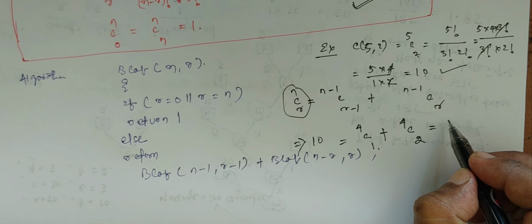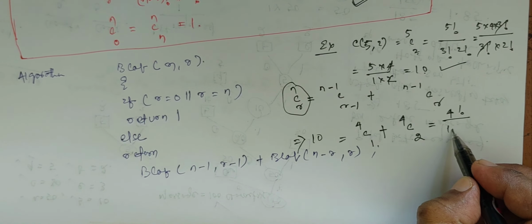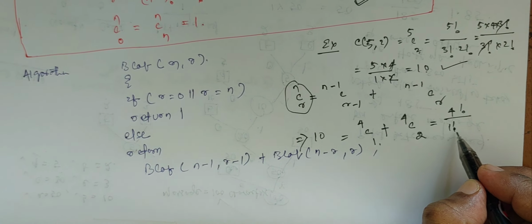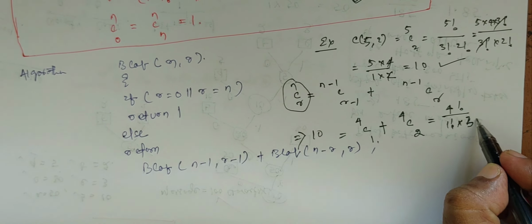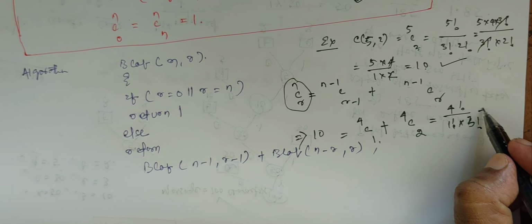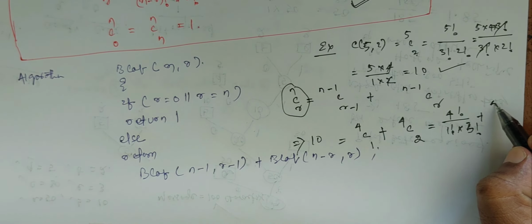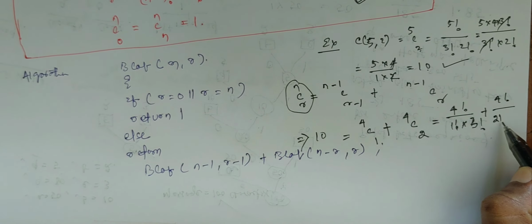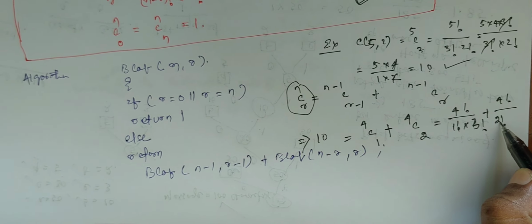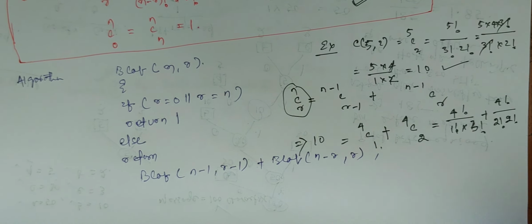So we will calculate here 4 factorial divided by 1 factorial into (4 minus 1) that is 3 factorial, plus 4 factorial divided by 2 factorial into (4 minus 2) that is 2 factorial.